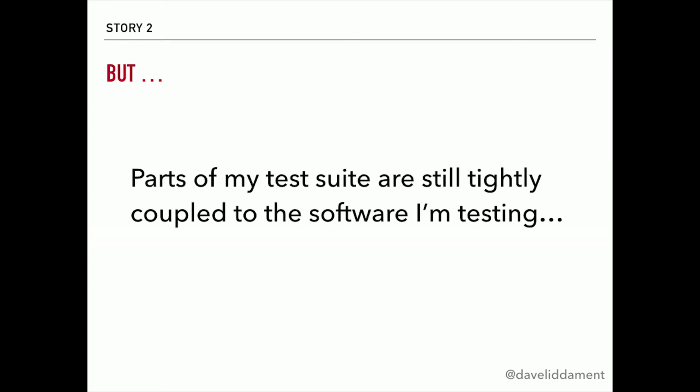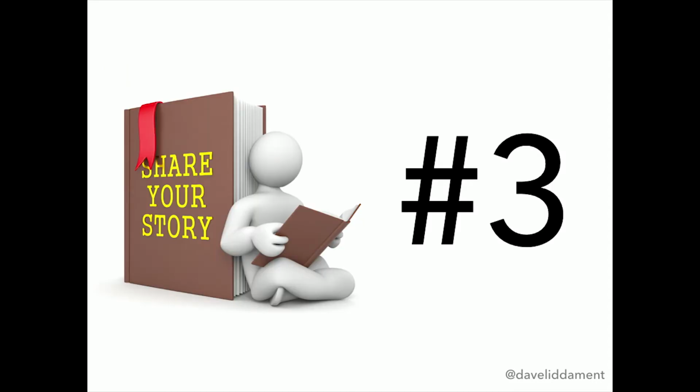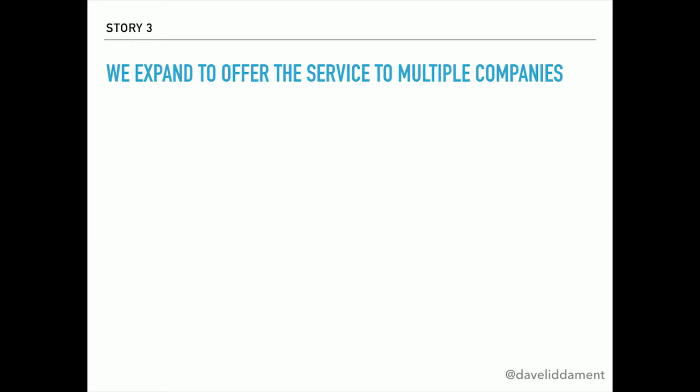However, I've got this nagging feeling that maybe I haven't decoupled everything I possibly could, which is where story 3 comes in. Generally, I'm a lot happier about how everything is being done. We've got lots of tests testing the business use cases. Everything's great. In fact, everything's going really well, but we decide we're going to expand the product that we've written. So instead of it just being for one company, we're going to offer it to multiple companies.